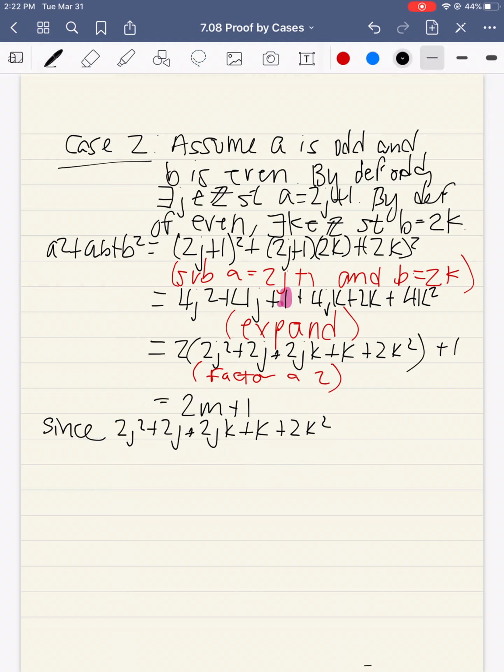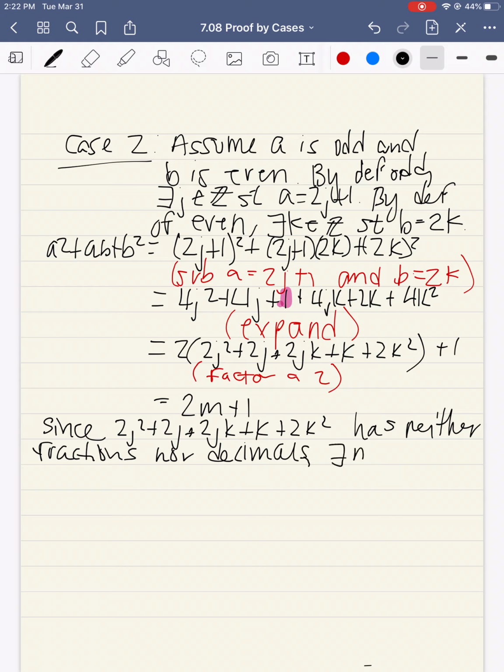Great. So since this expression has neither fractions nor decimals, there exists an m that's an integer, such that our expression a squared plus ab plus b squared is equal to 2m plus 1.